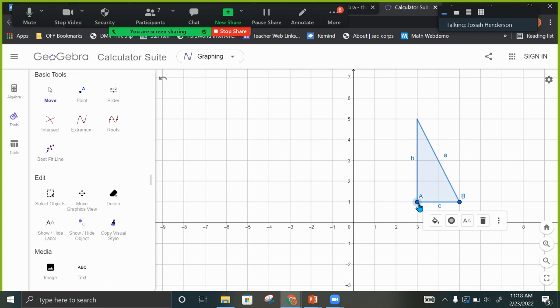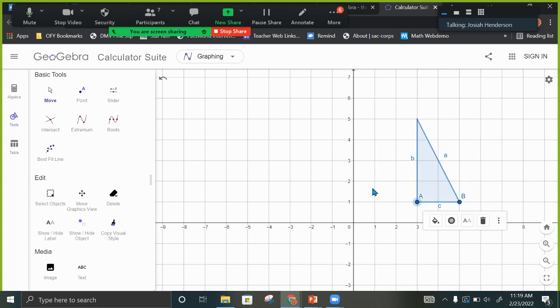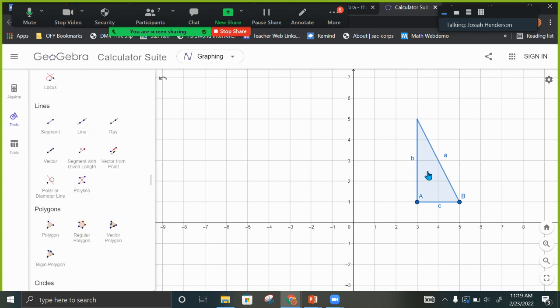When you're in GeoGebra, you can click on the different parts, the sides, and change some settings there, like the color, the thickness, dashed. You can click on the points, and then I think we can have it show the name. Oh, well, they're showing their names. Okay, anyways, let's do a rotation of 90 degrees. To do this in GeoGebra, we're going to find the rotate tool and click on that tool, click on our figure, and then type in how many degrees we want to rotate.